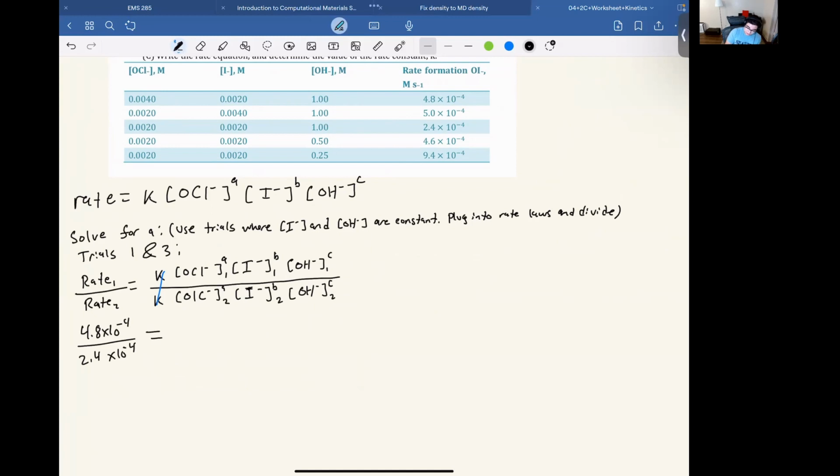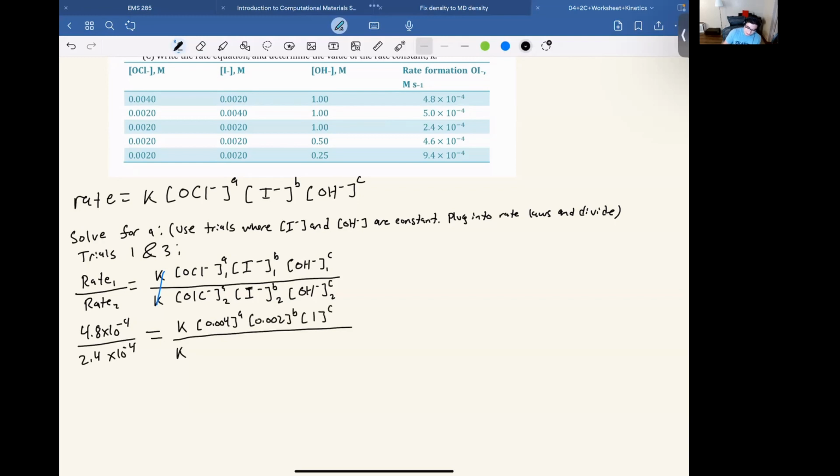So I have my two rates for trials 1 and 3. I have the K's. I haven't canceled it out formally yet. After plugging in everything, I'll do that in a second. I have OCl minus in the first trial, it's 0.004 to the A power, the iodine is 0.002 to the B power.